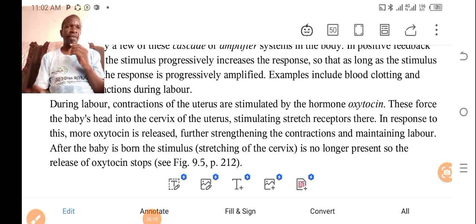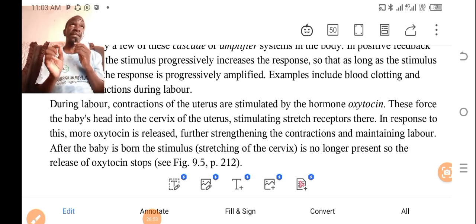And we've seen that homeostasis works with two mechanisms, the negative feedback mechanism and the positive feedback mechanism. What did we learn from the negative feedback mechanism? The negative feedback mechanism is a mechanism that reverses the status quo. It negates the stimulus. It opposes the stimulus. That is, if the temperature is high, that temperature is reversed.